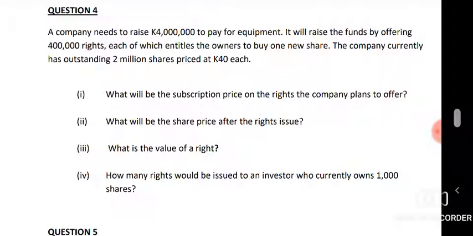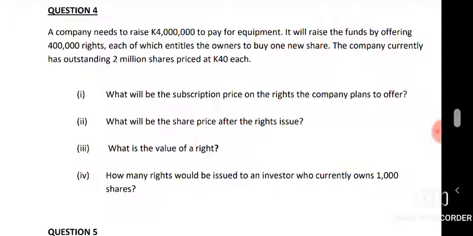So your total is 400,000 rights, and you put them in that proportion: 1 right is equal to 1 share. What about 400,000 rights? It's the same figure, 400,000 new shares. That's what we need in that formula. The new shares is basically the total of new shares that need to be issued.